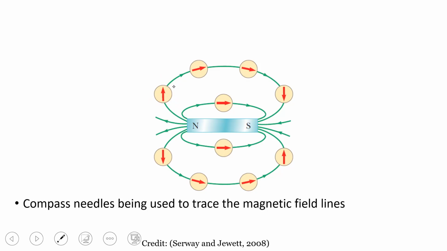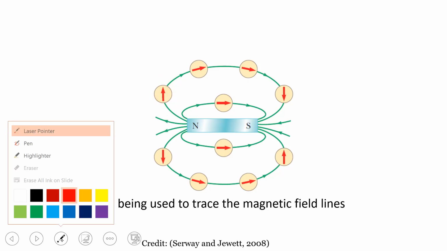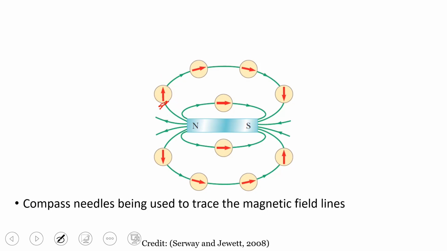So you put a point here, another point here, and you bring out your compass again, such that the tail is now touching the previous edge. So it will show the direction of force that is experienced.